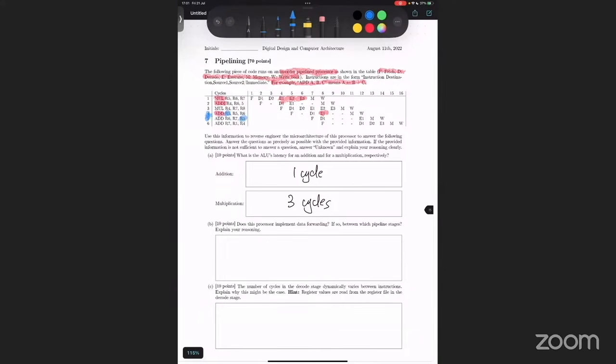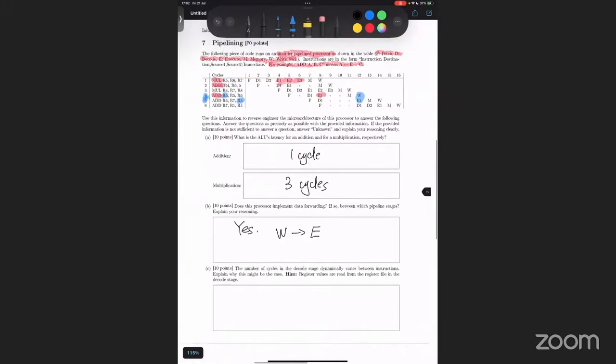If we take a look at the pipeline diagram, we can see that instruction 5 already starts the execution stage, while instruction 4 is still in the write back stage. So the processor implements data forwarding, between write back and execution stage.